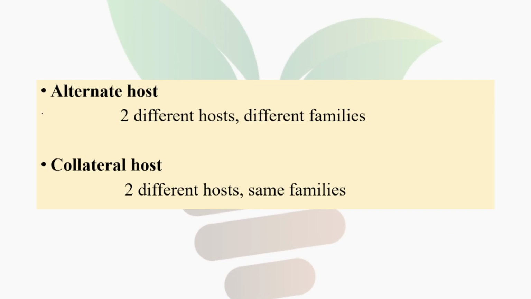Two general terminologies we might have studied here: alternate host and collateral host. Alternate host means the pathogen requires two different hosts belonging to two different families. Collateral host means the pathogen requires two different hosts belonging to the same family.